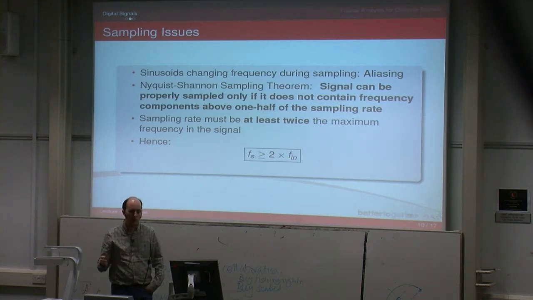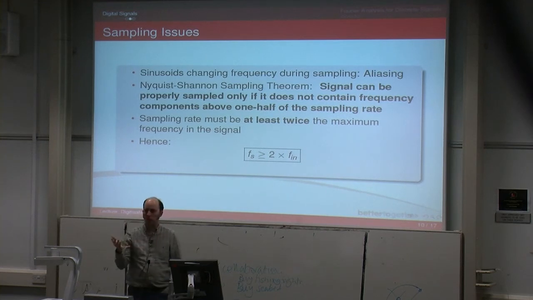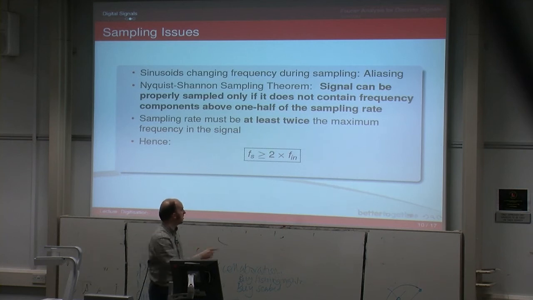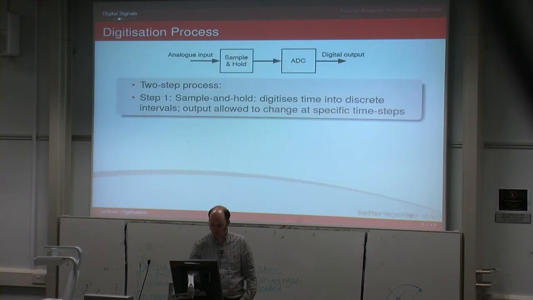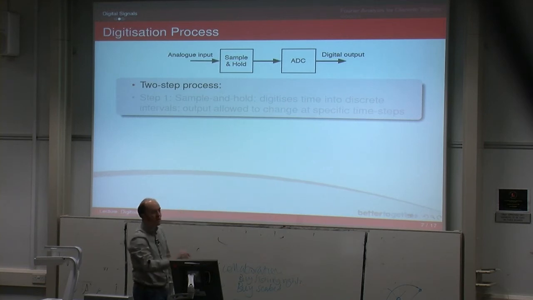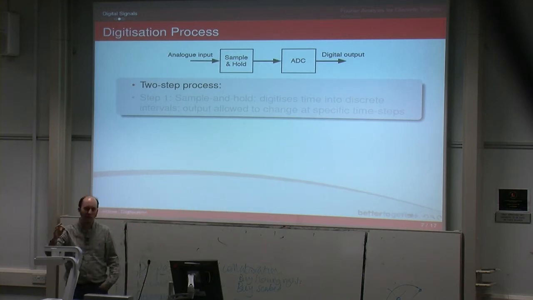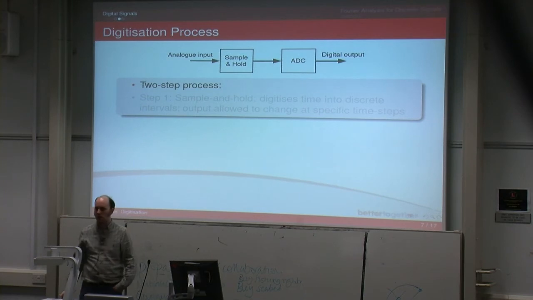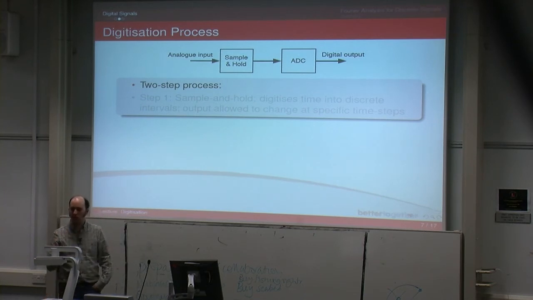And what you often do, if you're measuring something, to make sure you avoid the aliasing problem, is attach in that two-step process, in the middle between the sample and hold and the ADC, a filter. That filter will filter out the higher frequency stuff, so you're only left with the lower frequency stuff.